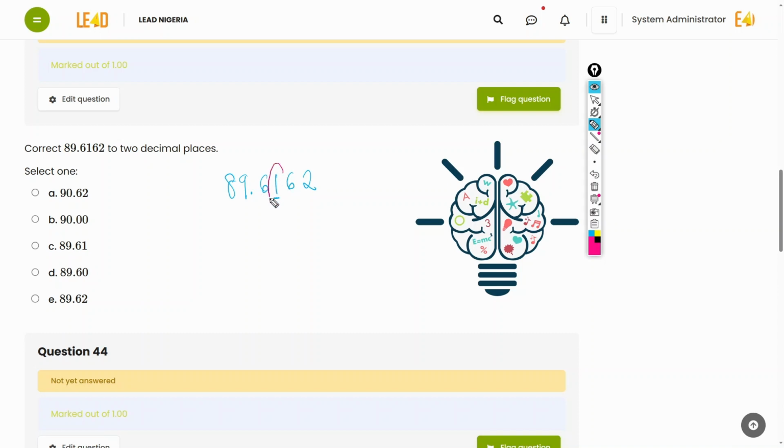So I would put this in a circle and test the next digit. It is a strong digit, which means I would have to come back and add 1. So this gives me 89.62. Of course, everything to this side changes to 0, so it's just 89.62.